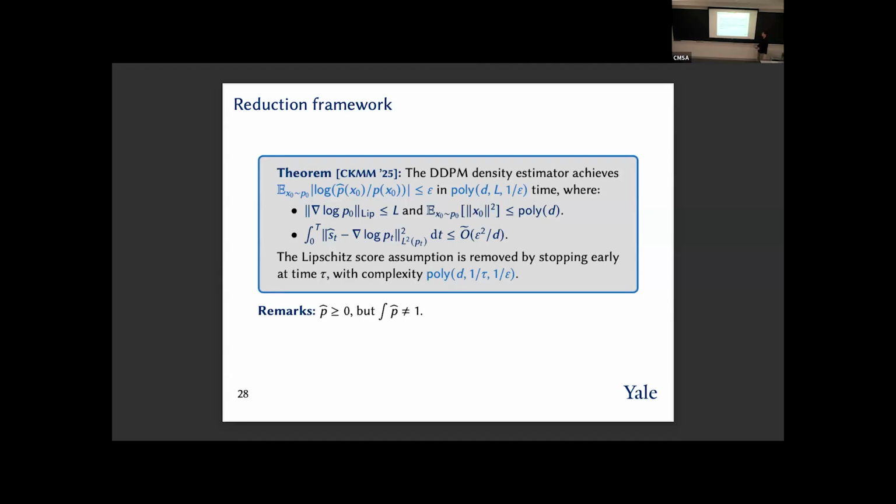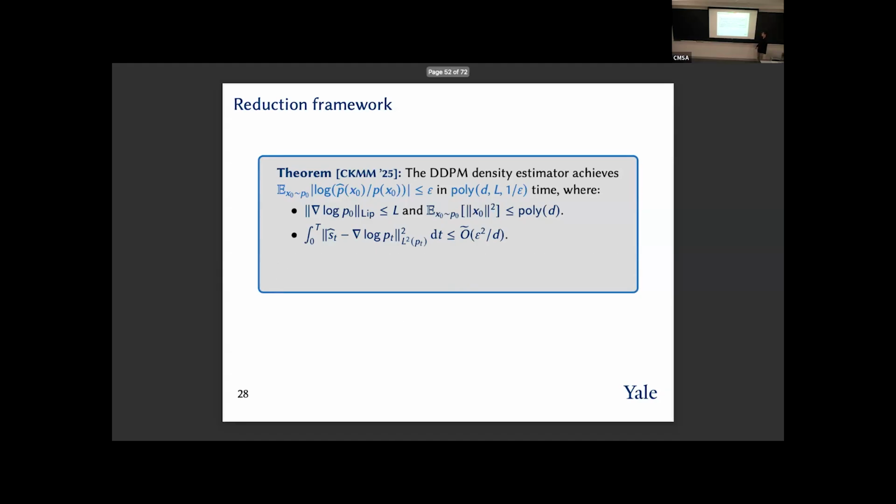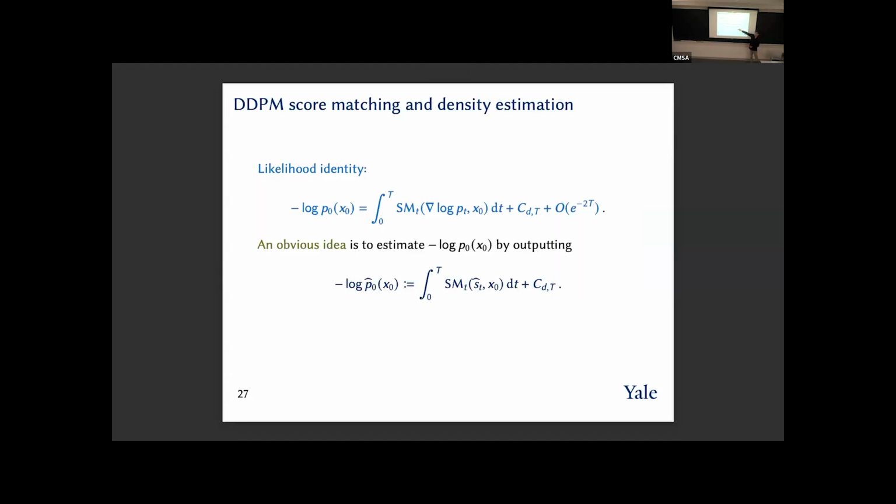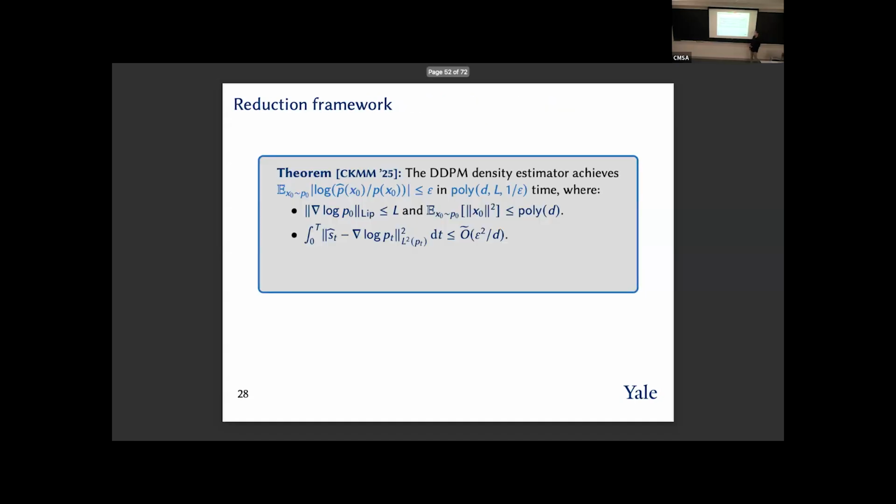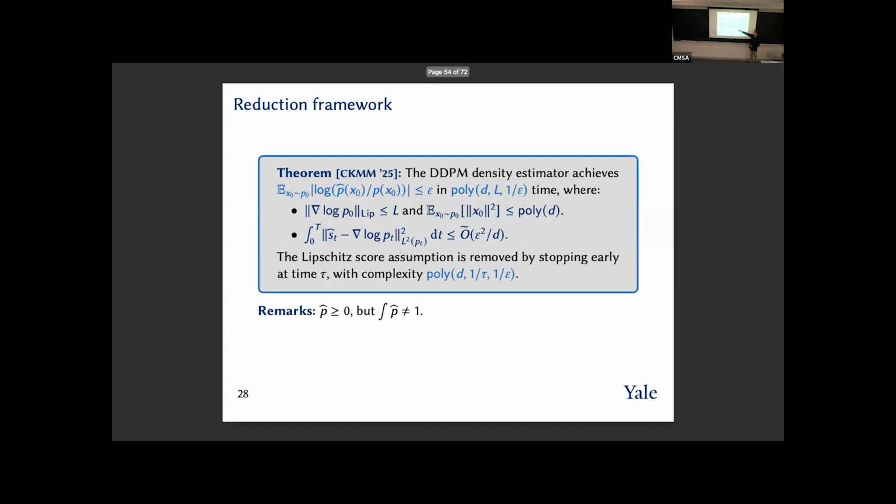Remember that p hat is really defined here. So p hat is an exponential of something, which means it's always non-negative, but it's not necessarily going to integrate to 1. So it's kind of an improper estimator.